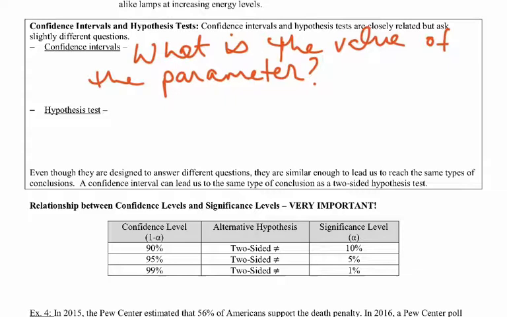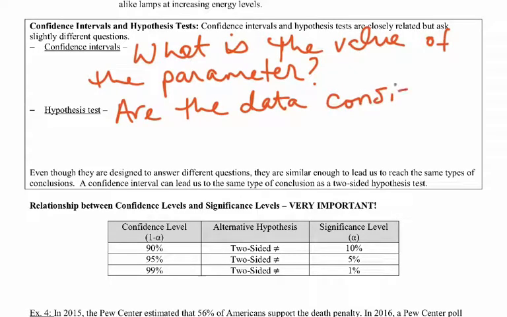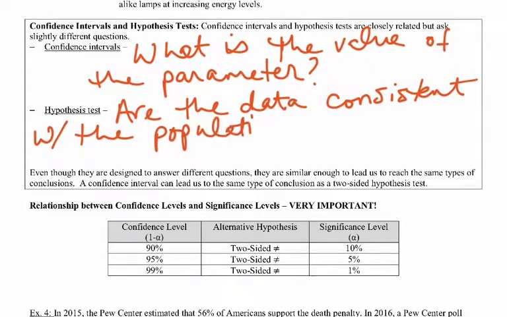Hypothesis testing you can think of as more of a yes or no question. Hypothesis testing asks: are the data that you're looking at for your sample consistent with the population parameter?